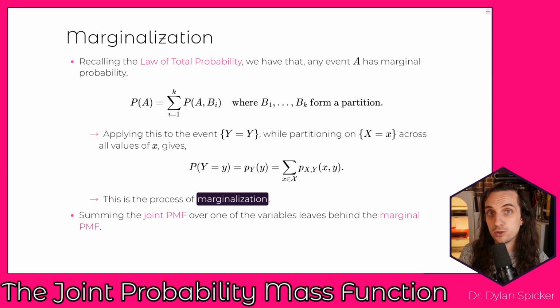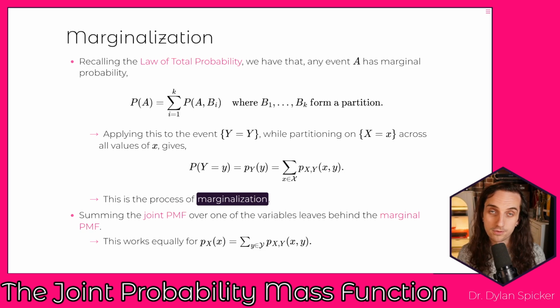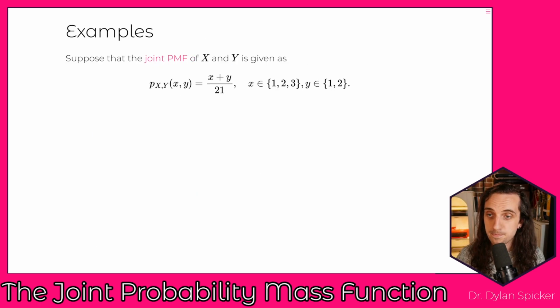Ultimately, the rule is that if you sum over the joint PMF over one of the variables, it leaves behind the other one. So if you sum over all of your x's, you leave behind y, and you get the marginal distribution of y. If you sum over all of your y's, you leave behind x, and you get the marginal PMF of x. So the marginal PMF of x is the sum of the joint PMF over all of the possible values for y.